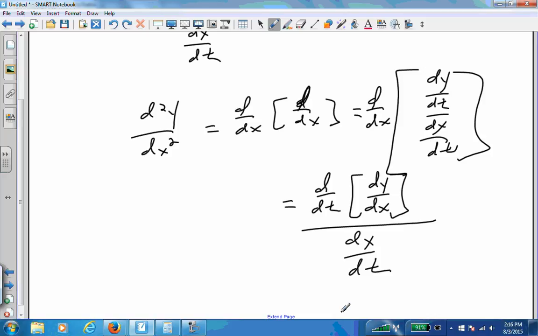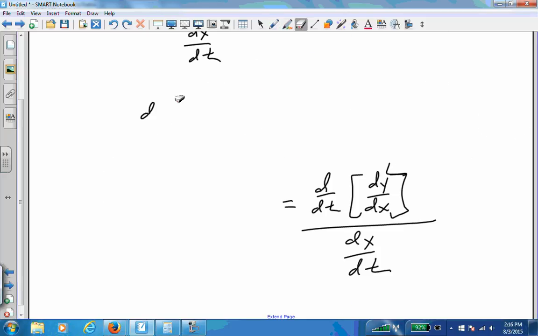So once we get our first derivative, we take the derivative of that with respect to t, divided by dx dt.